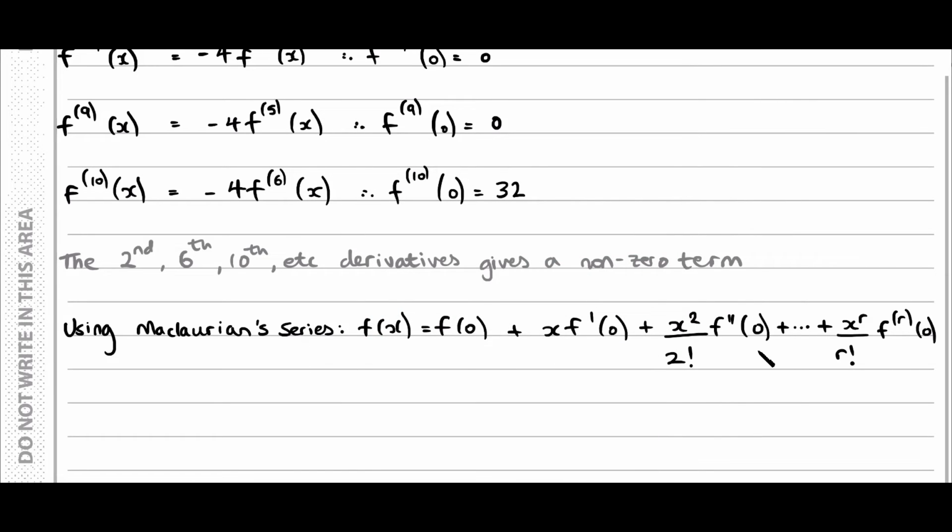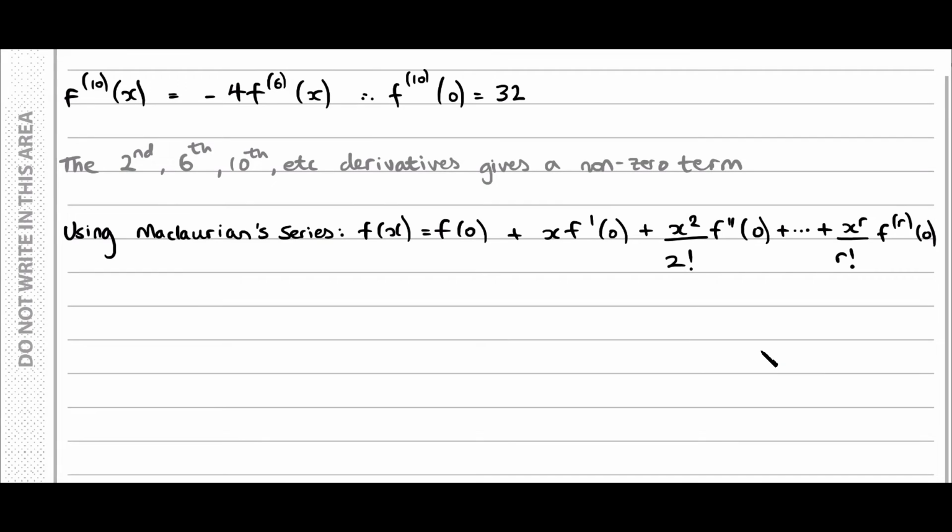Now we've found that the value of f of 0 is 0. The value of f dash is 0. And therefore, if we use our Maclaurin series, the second, the sixth, and the 10th give the first three non-zero terms.